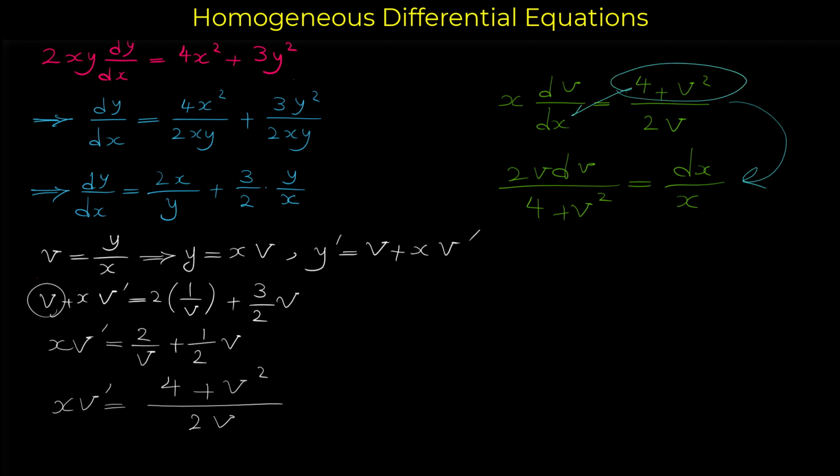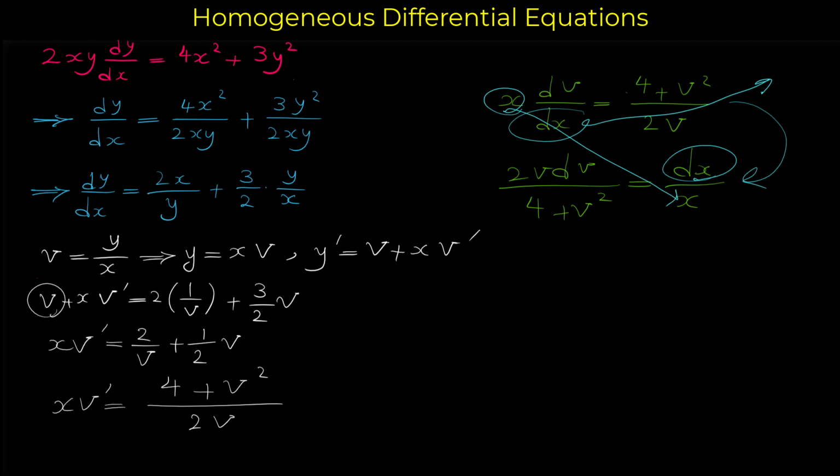This goes to the denominator. So we have 4 plus v squared. And because we want to separate v from x, dx goes up to the numerator and x goes down, as you can see here.